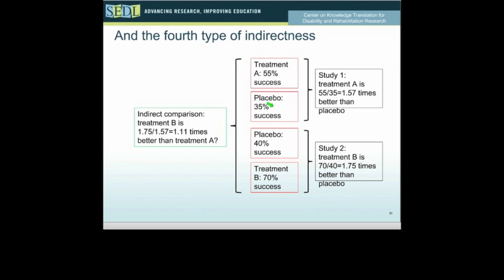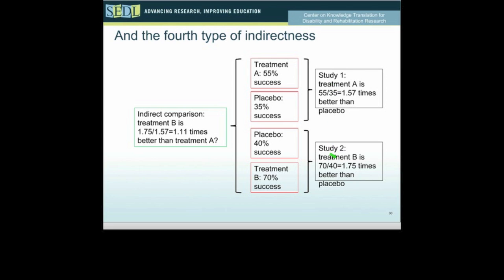Then there's a study 2 that compared treatment B against placebo, and it comes up with B being 1.75 times as good as placebo. Well, what can we say about treatment A versus treatment B?